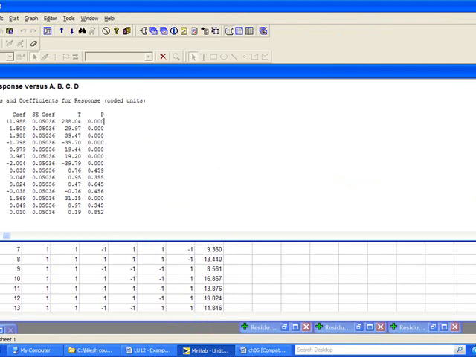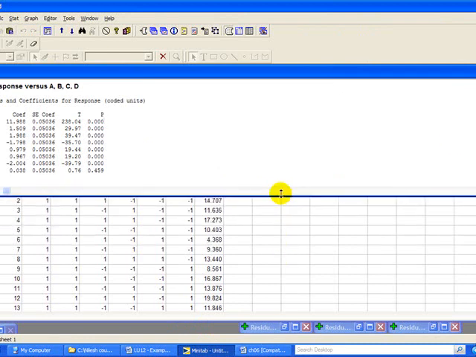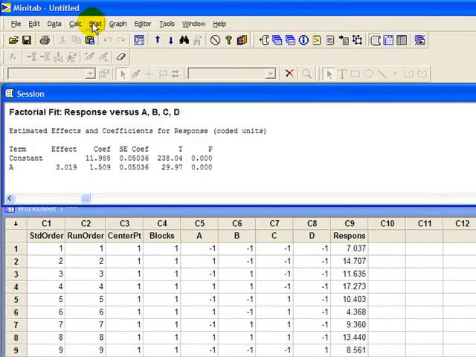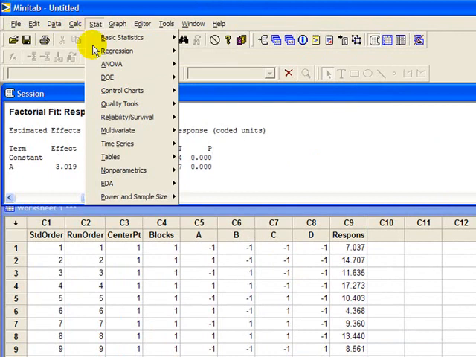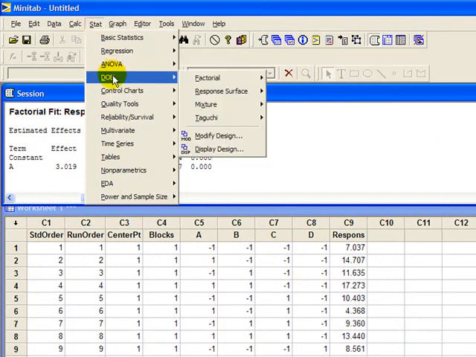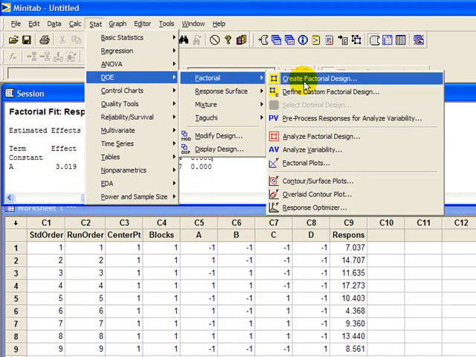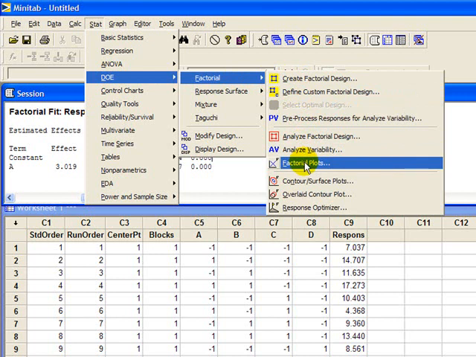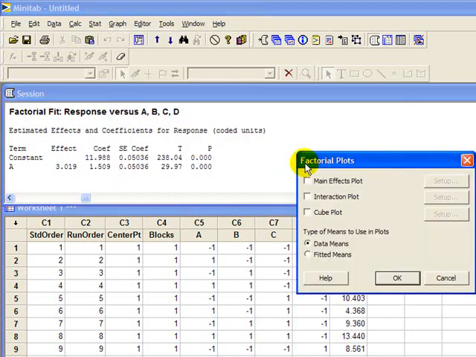There are many ways to do that, but what I will do is I will go again to Stat, and go to Design of Experiments, Factorial, and see I can plot factorial plots, right? So I'm going to select this.